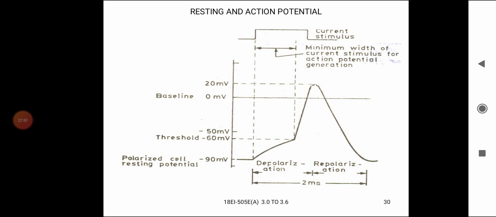The pulse generation: the minimum width of current stimulus for action potential generation. The current stimulates the pulse as shown in the picture.